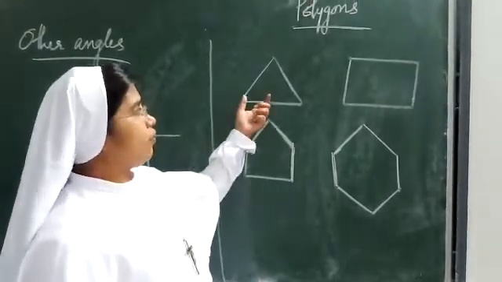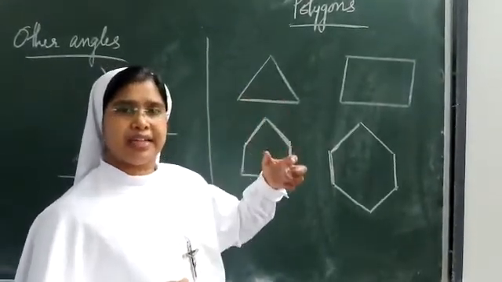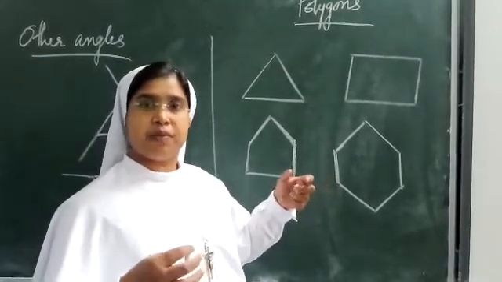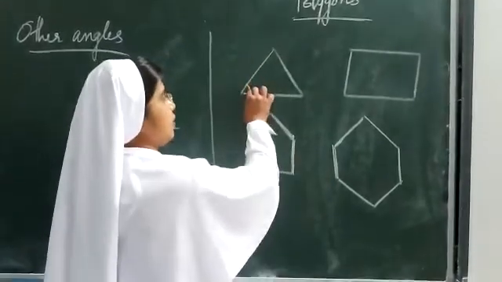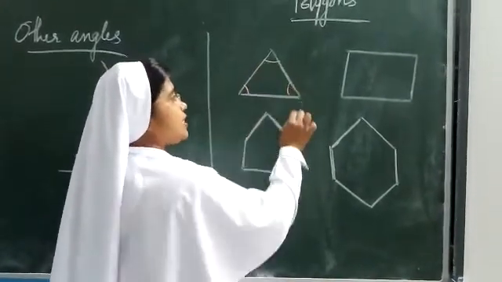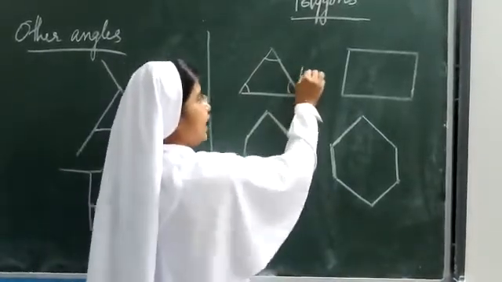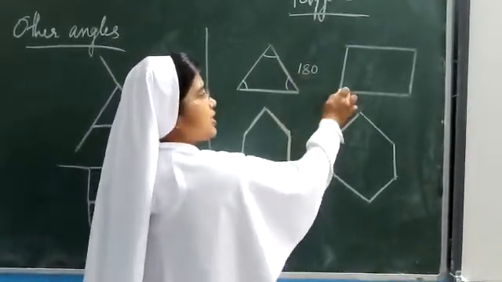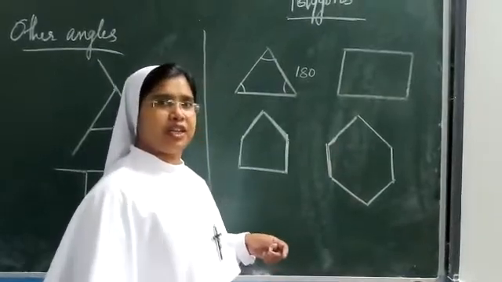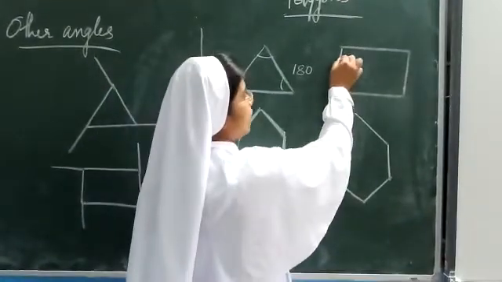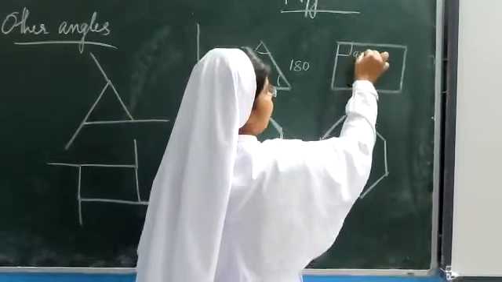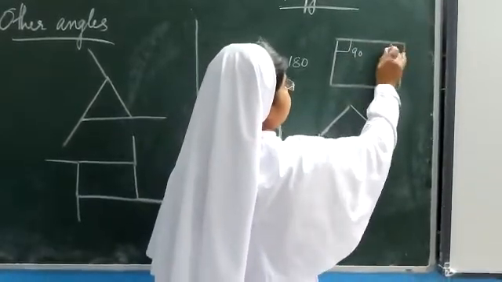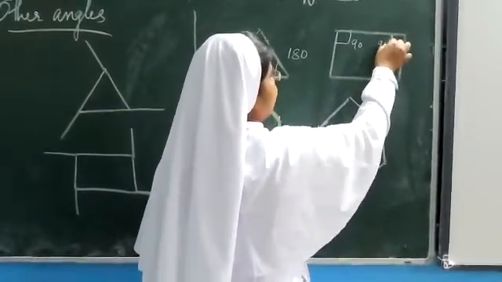Okay, now what is the sum of their angles? We learned the sum of their angles. For a triangle, we know what is the sum of their angles? 180. Okay, and what is the sum of the angles of a quadrilateral? We know this is 90 degree. This is 90.